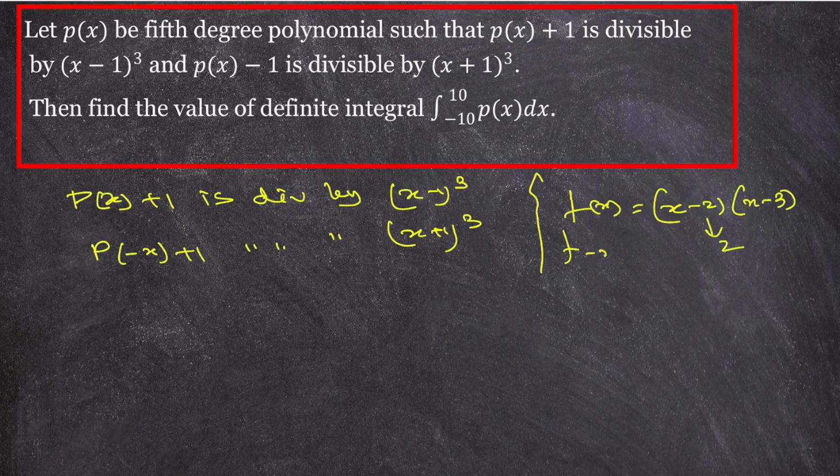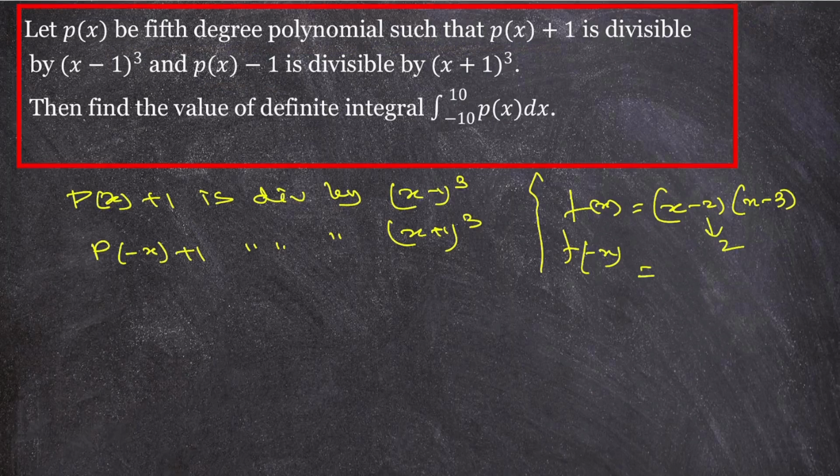So f(minus x), it means in place of x put minus x, so (minus x minus 2)(minus x minus 3). So obviously we can say this is divisible by (x plus 2). This is divisible by x minus 2, then this is divisible by x plus 2, because if I take minus common, x plus 2 is coming. So in this way we can say this.